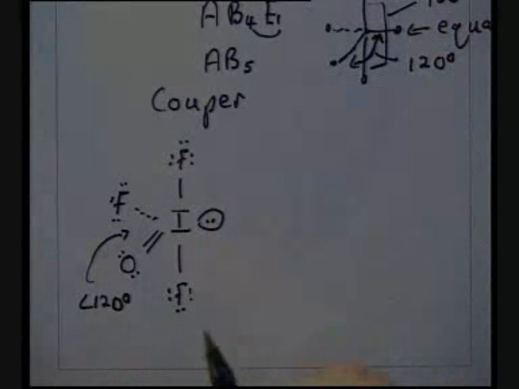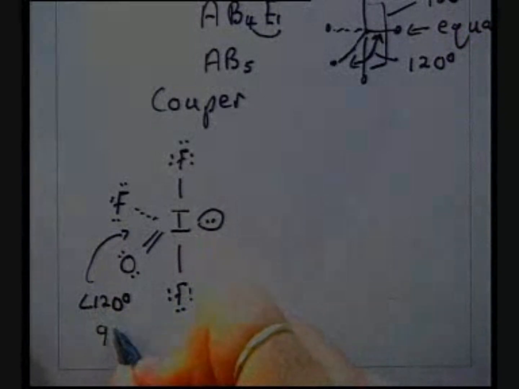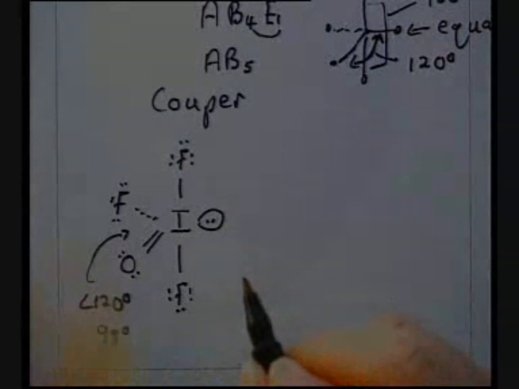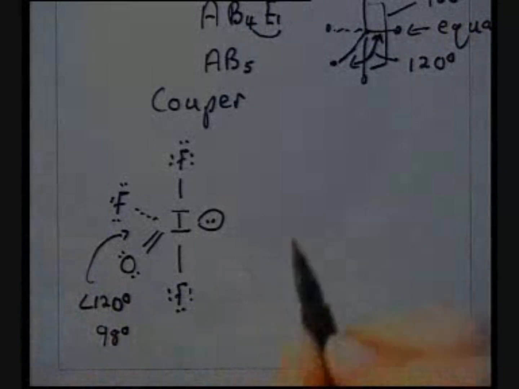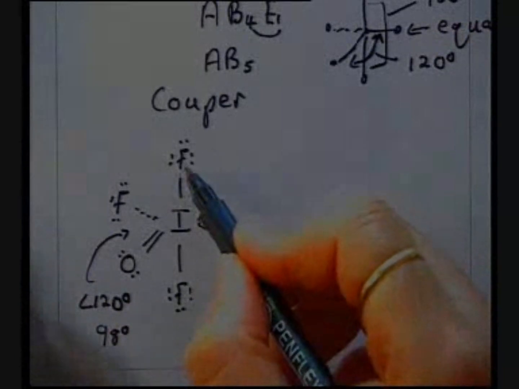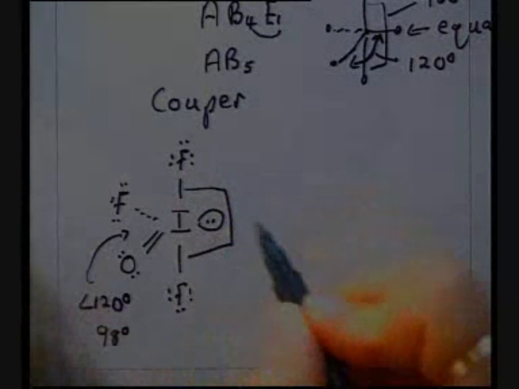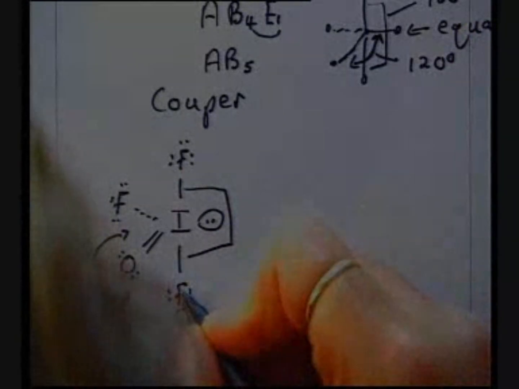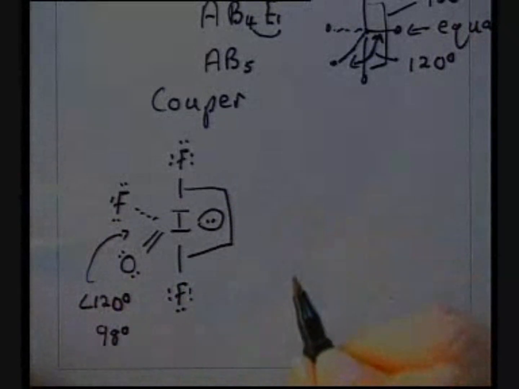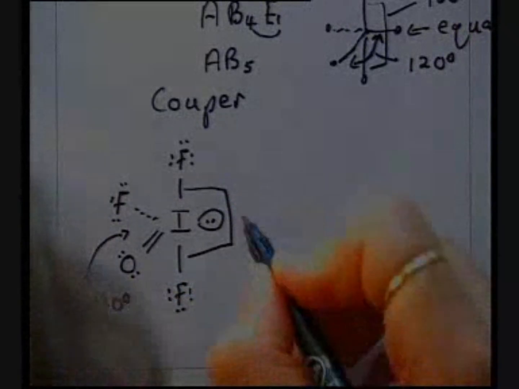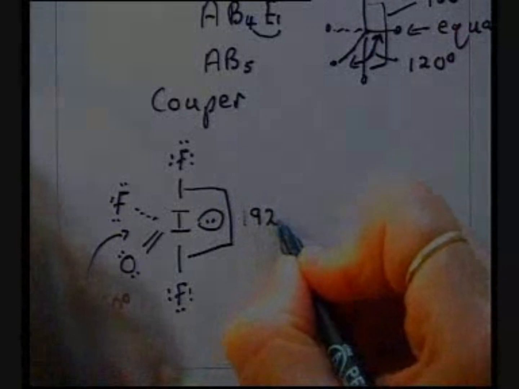In actual fact, this bond angle is measured in the laboratory to be 98 degrees. We predict the distortion of the axial fluorine, central atom, axial fluorine, and we find that this bond angle is in actual fact 192 degrees.